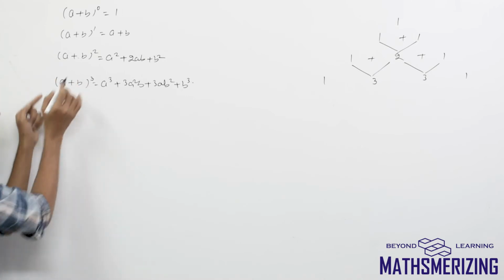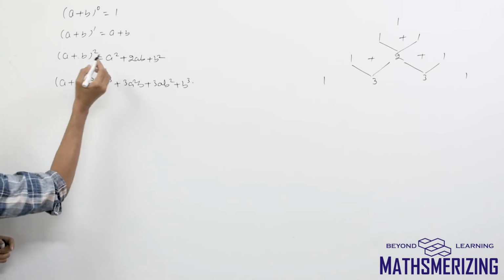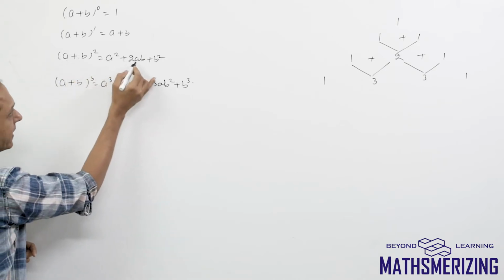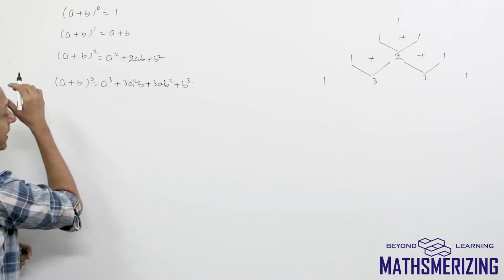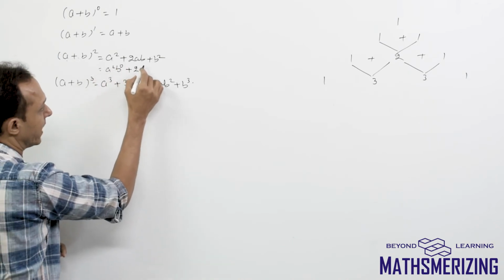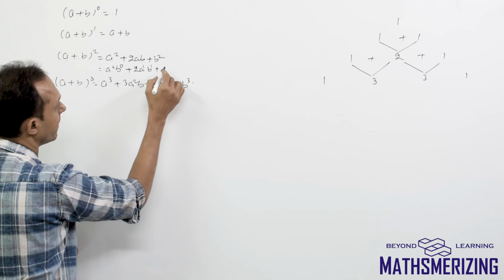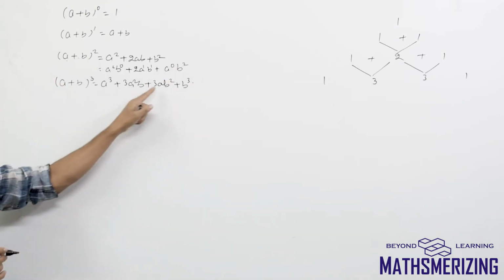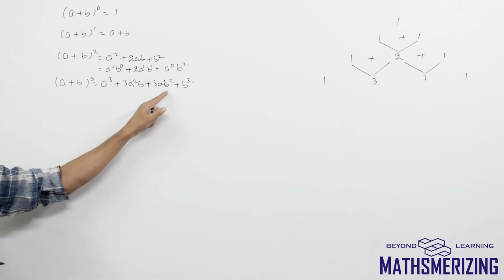And when I also look at the expansions, it always starts with the highest power, which is a², and then the power of a decreases and the power of b increases. So I can also write it as a²b⁰, 2a¹b¹, and then a⁰b². Here also 3, 2, 1, 0, 0, 1, 2 and 3.